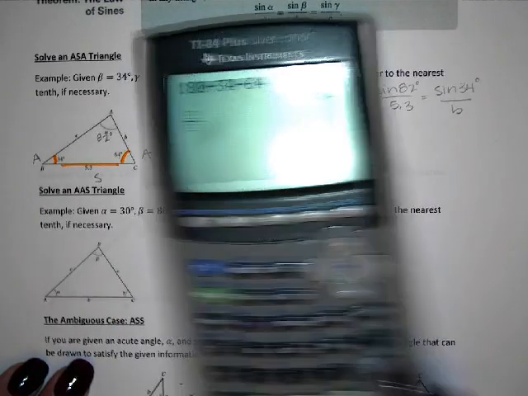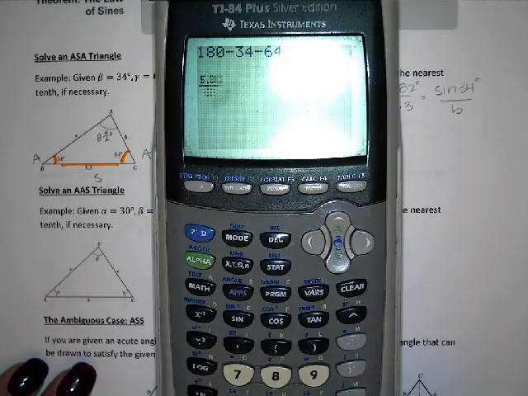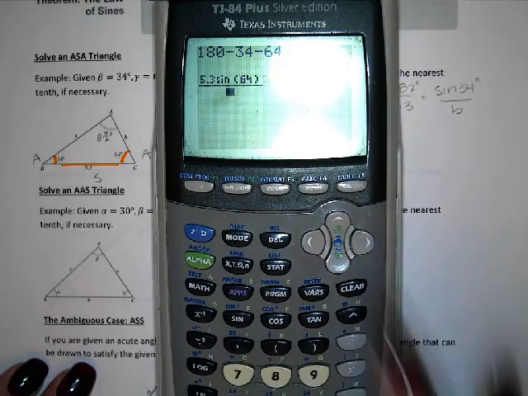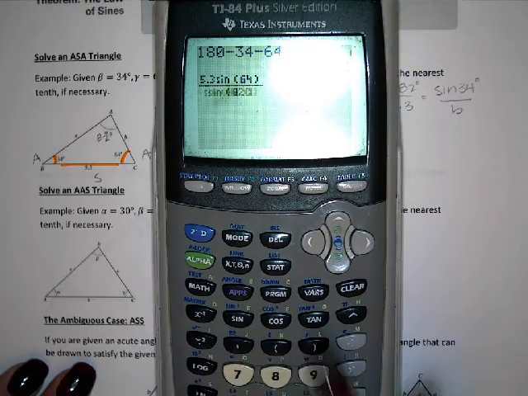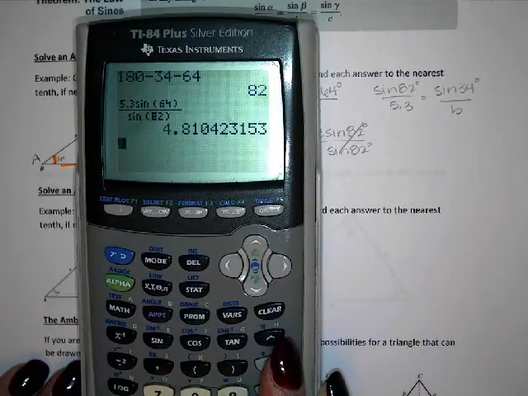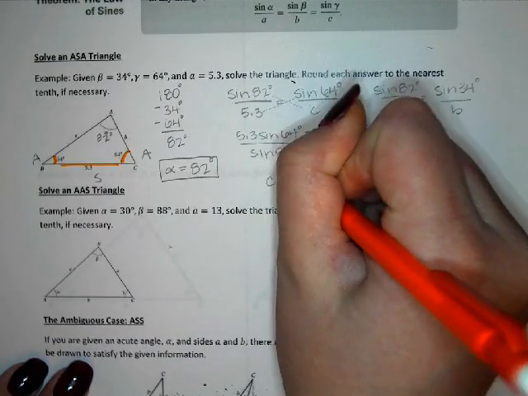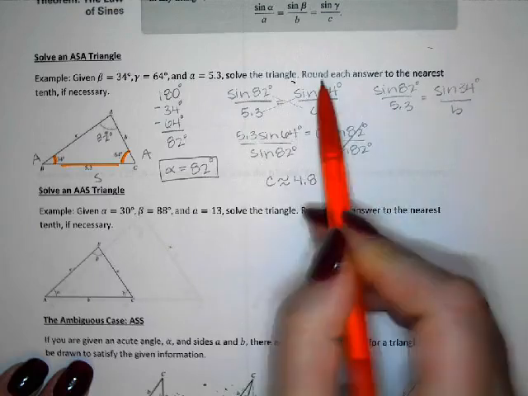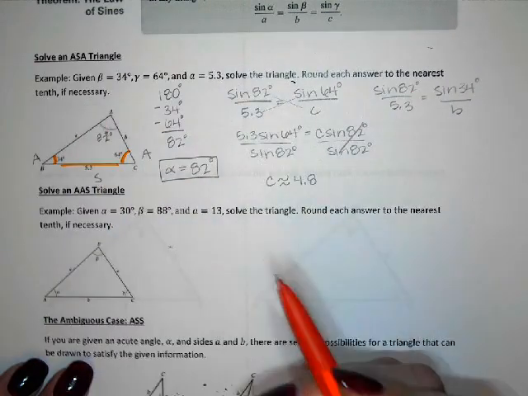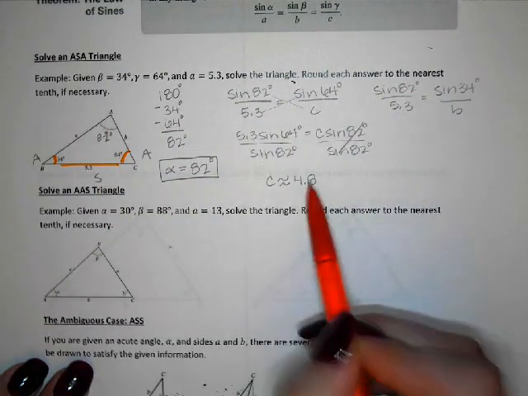All right, so 5.3 sine 64 divided by sine of 82. And 4.8. In the instructions, it asked that we round each answer to the nearest tenth if necessary. And so I went ahead and did that.